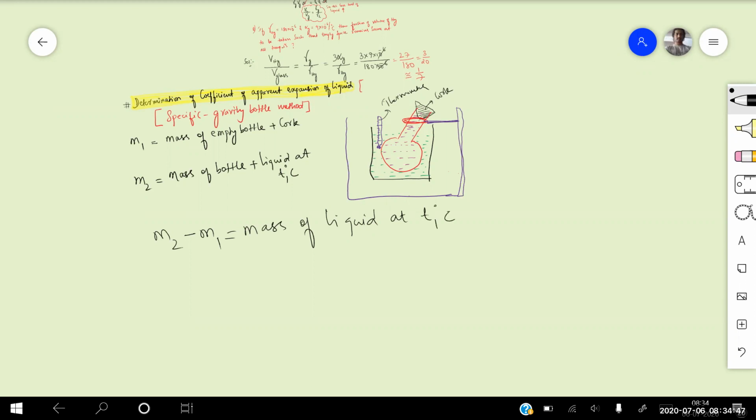If I do M2 minus M1, the mass of the bottle gets cancelled, and only the liquid at T1 degrees centigrade remains. So M2 minus M1 is nothing but the mass of the liquid at T1 degrees centigrade.